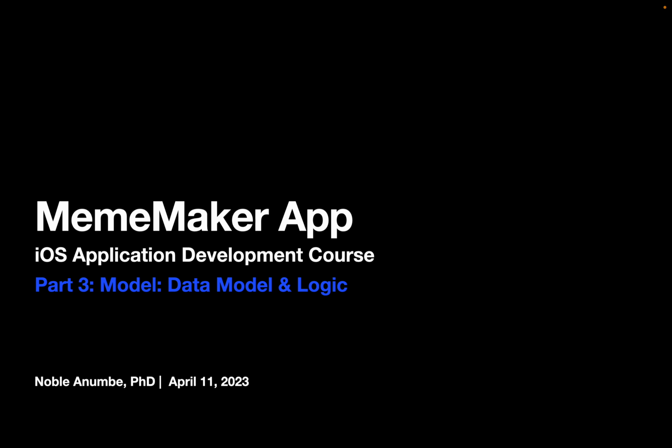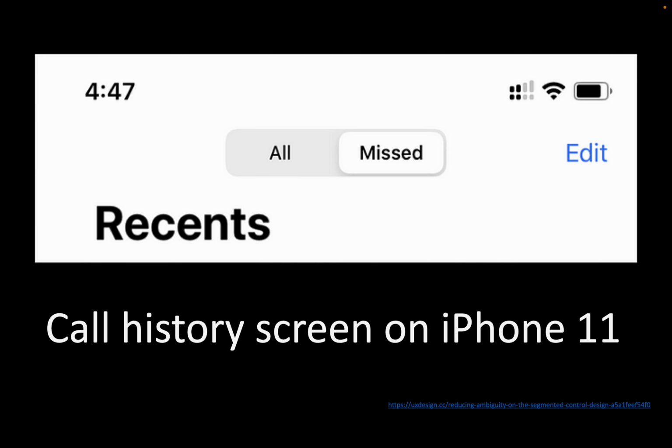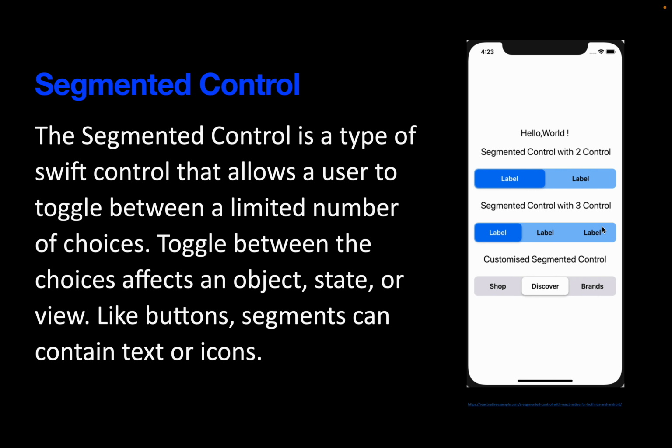Remember, we created the segmented control and the labels. In the labels, we can switch between texts, which are some of these that we have here. And back here, this is what a segmented control looks like.